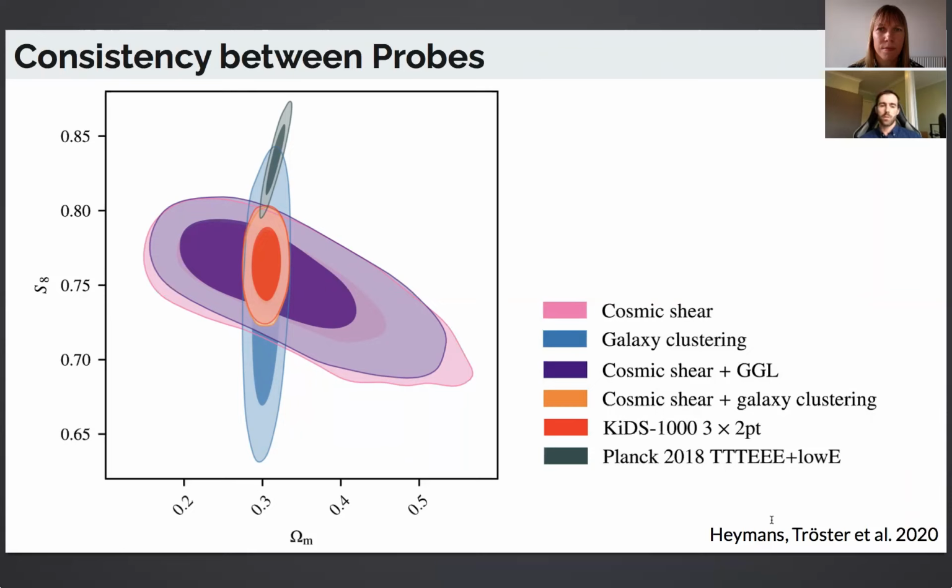What we can do to increase our constraints, however, is adding the galaxy clustering. That mainly helps to constrain Omega_m, so how much matter is in the universe, and really cuts through a degeneracy between S8 and Omega_m. And combining all of that together, we end up at the red contours, which is our main result. It's the KiDS-1000 3x2-point joint analysis.